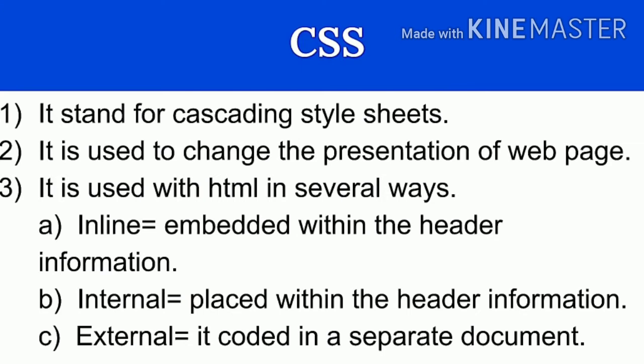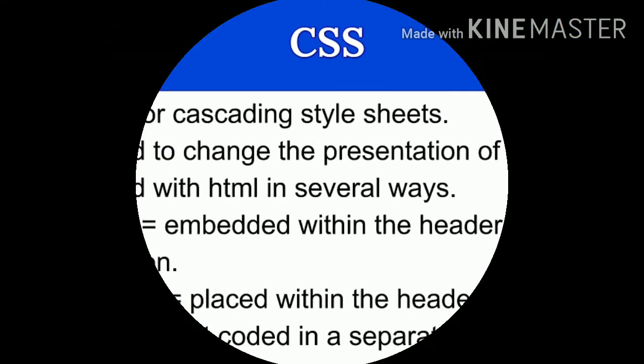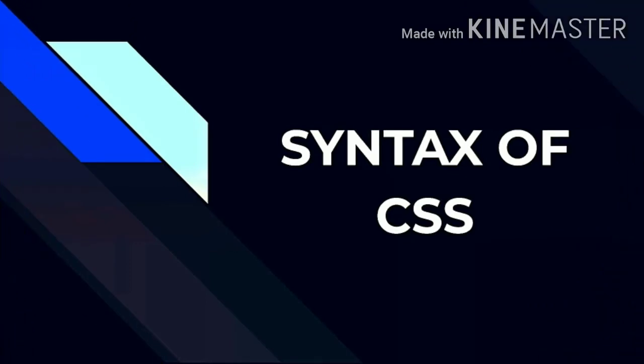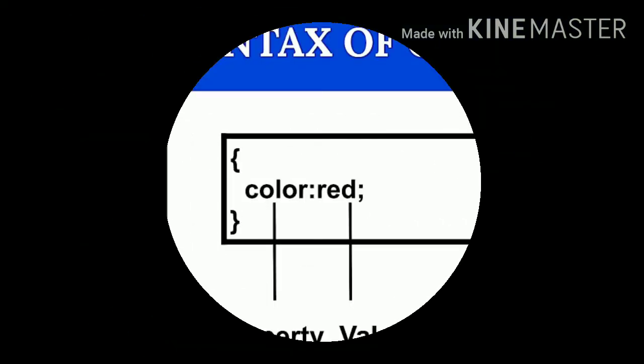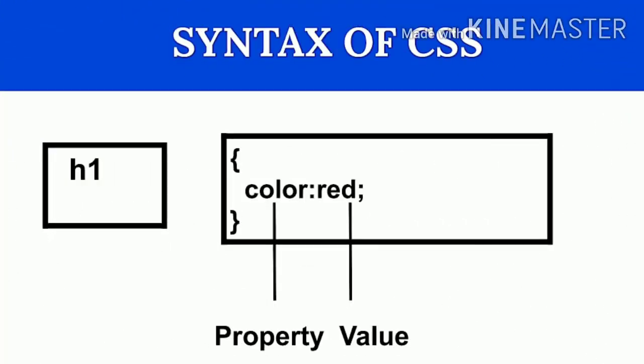Further on, I will show you the syntax and format of the inline, external and internal CSS style sheets. Let's discuss the syntax of CSS in an HTML page. You can see that I chose the h1 tag and I want to change the color of the text written in the h1 tag to red.